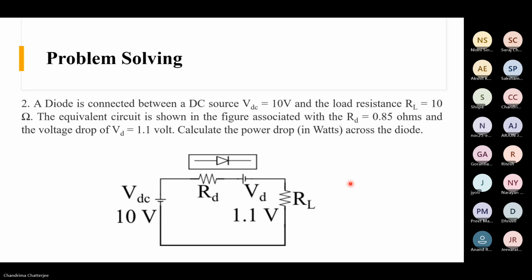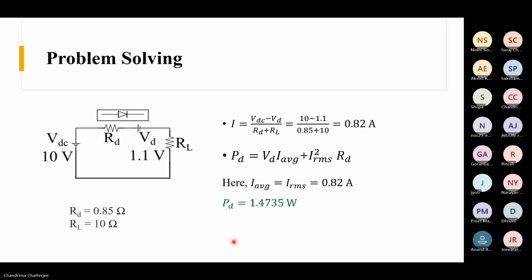KCL. KCL or KVL? The input voltage equal to output voltage minus voltage drop. Okay, so if we just apply KVL in this loop, so here we have VDC and we have this drop 1.1 volt, right? So can we write like this?